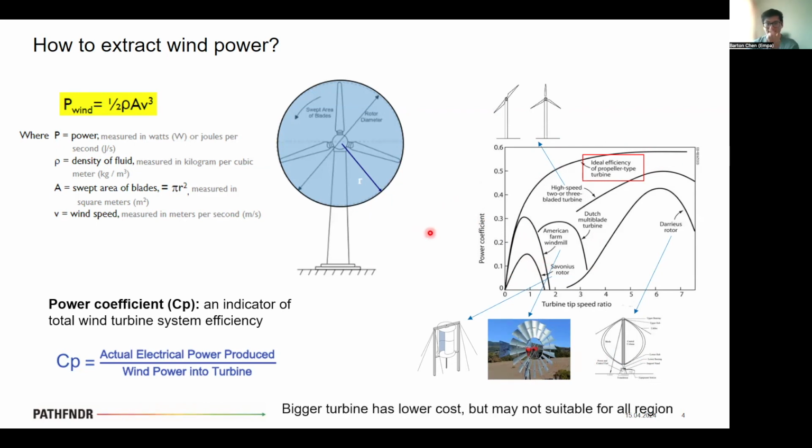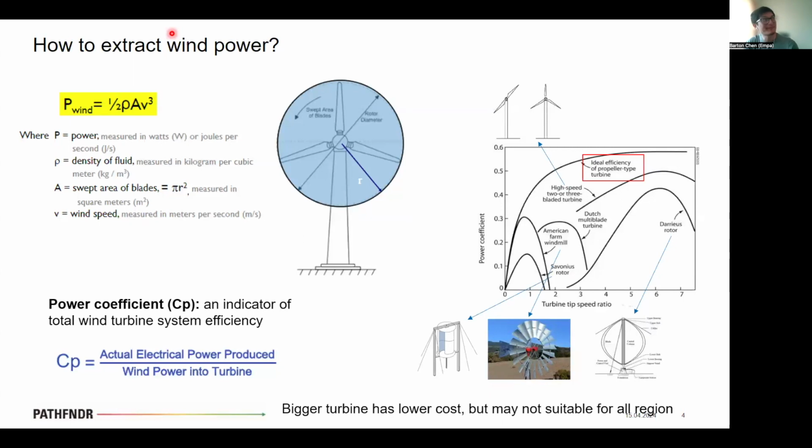Because the wind power is proportional to the swept area, if you double the length of the blades, you get 4 times more power. So that's why people try to build bigger and bigger turbines. However, based on this diagram, you can see there are also still some small wind turbines that can be used.